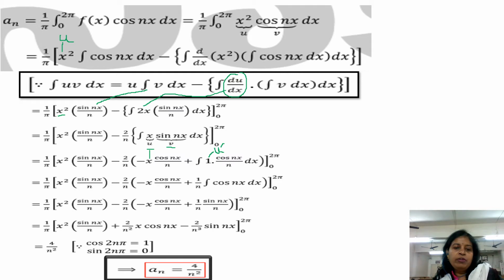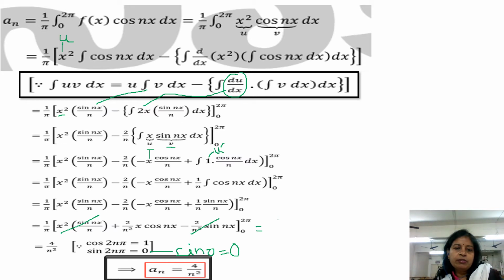We know that sin 2nπ is 0, and sin 0 is also 0, so this term will go. And we know that cos 2nπ is 1. So when you put the upper and lower limits, the sin terms become 0, therefore you can eliminate them, and now you put cos 2nπ, which will give you 1. I will solve it further here.